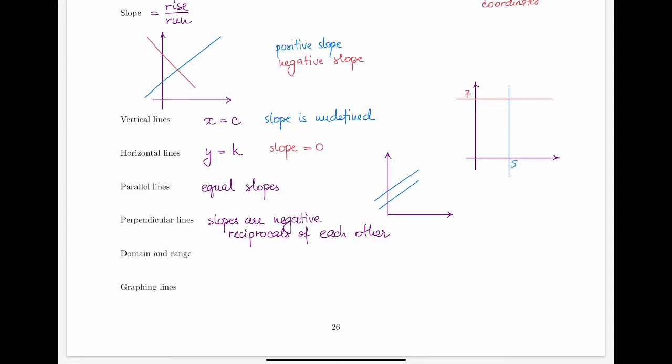So here, for sloped lines, both domain and range are all real numbers. But for vertical and horizontal lines, the situation is quite different, and I'm going to give you an opportunity to come up with the expressions for the domain and range yourself here.